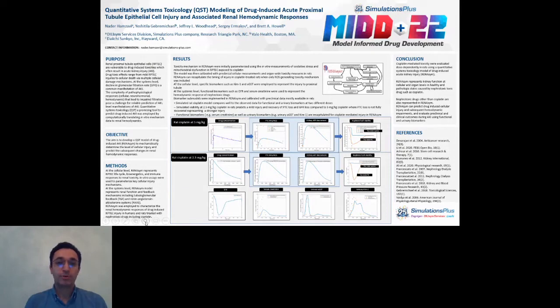So this project has resulted in releasing the first version of RENASYM, the platform for QST modeling of kidney disease, acute kidney injury.